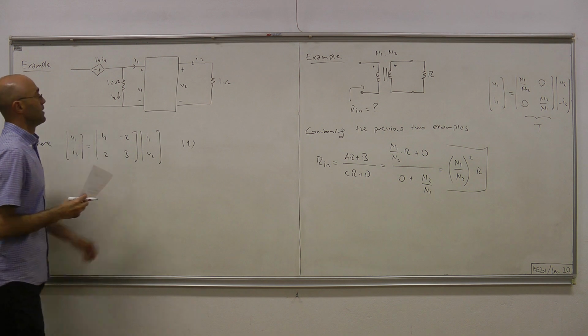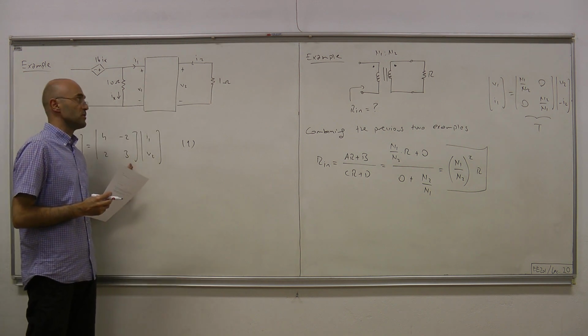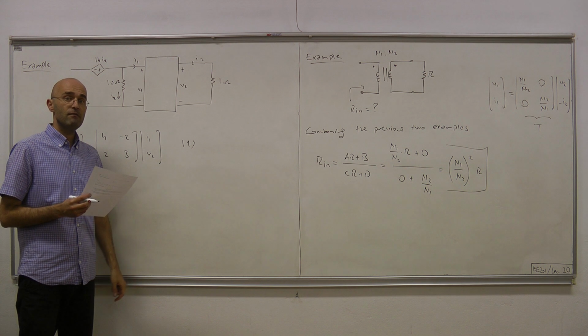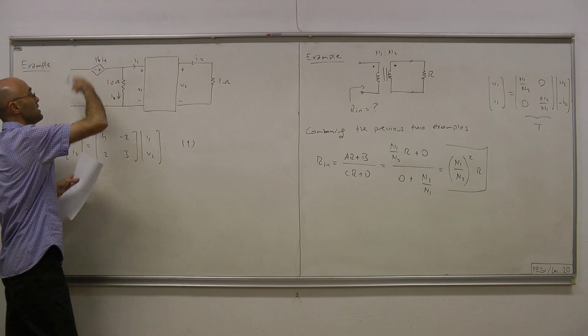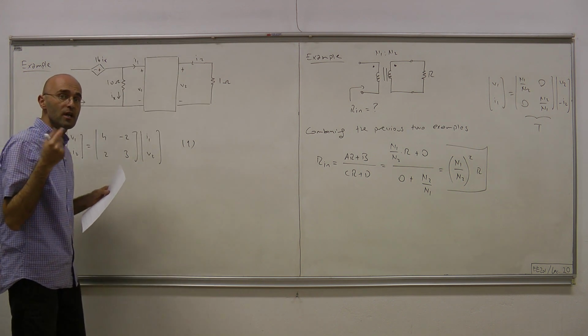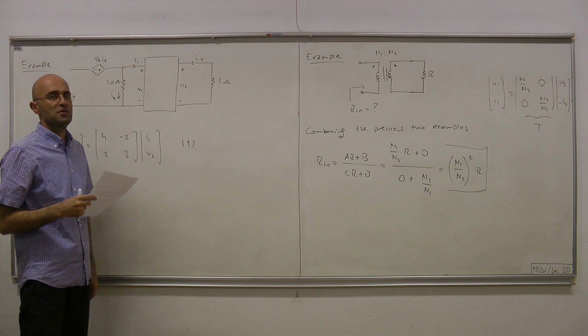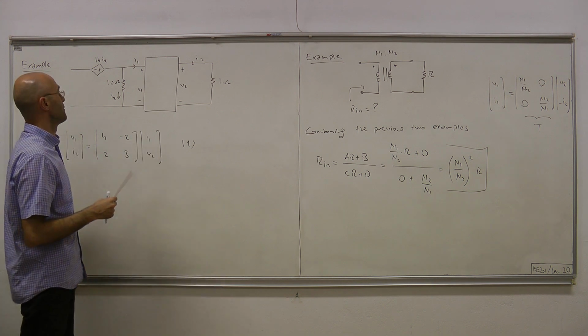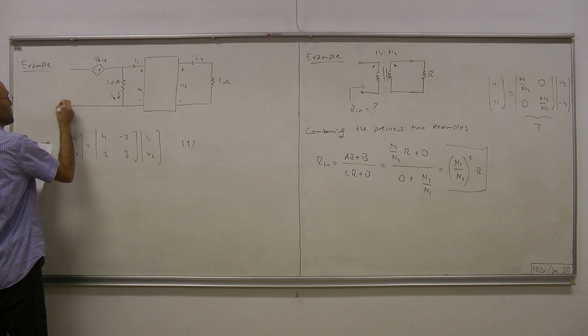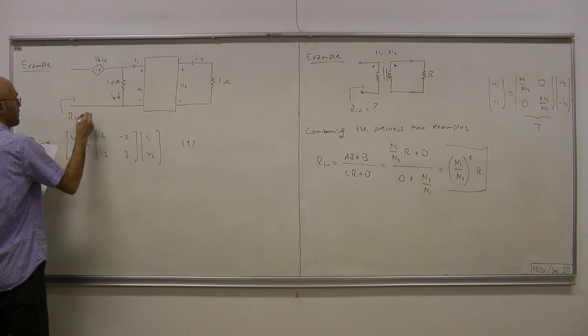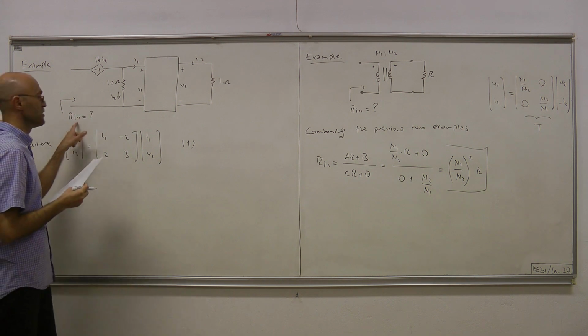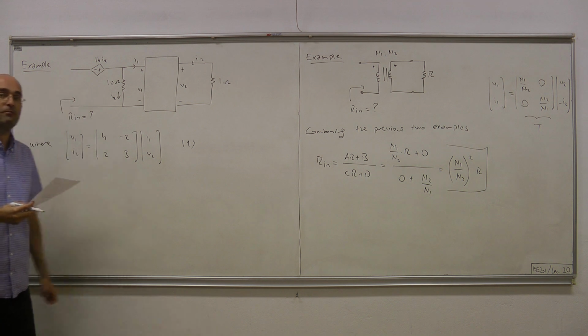Now this thing, since it has a hybrid representation, doesn't have an independent source inside. Therefore, this whole thing considered as a one-port doesn't have an independent source inside. And it's also LTI resistive. Therefore, it must have an input resistance, and the question is, what's that input resistance?